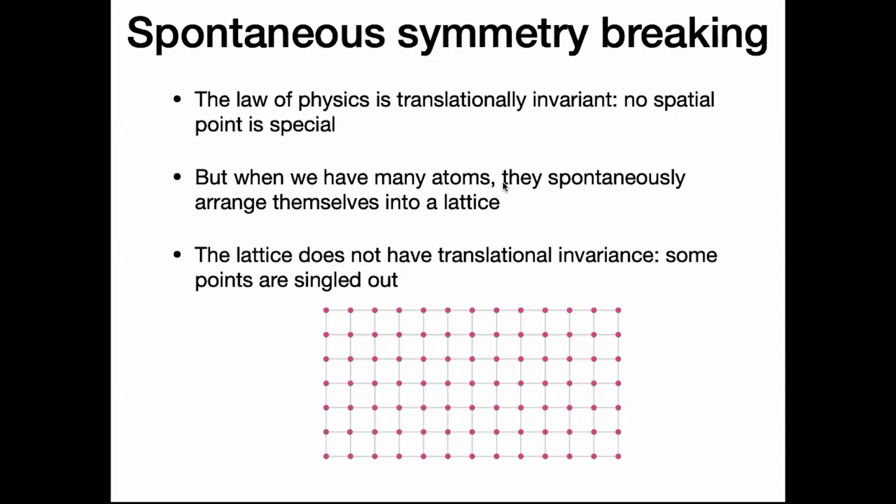So the ground state of the solid doesn't have the full translational symmetry. It has some residual translational symmetry by a discrete vector, but there is no continuous translational symmetry anymore.